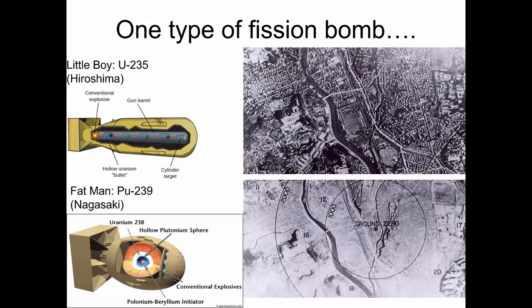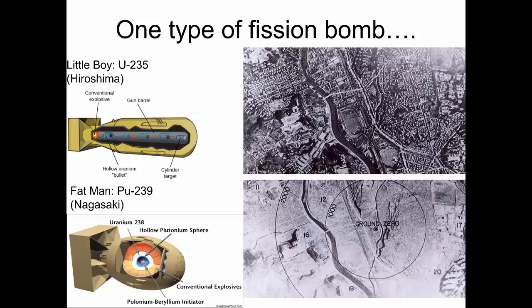It was dropped in Hiroshima, Japan. The second was Fat Man, dropped over Nagasaki in Japan. And after the bombing of Nagasaki, that led to the surrender of the Japanese and the end of the war.